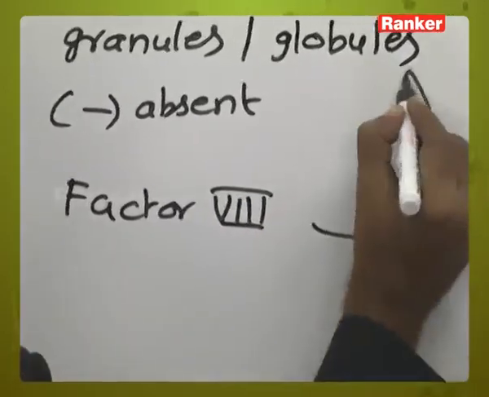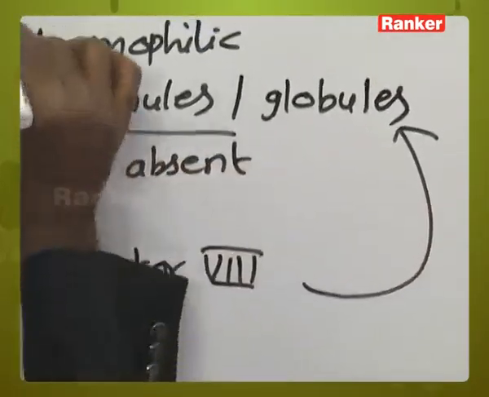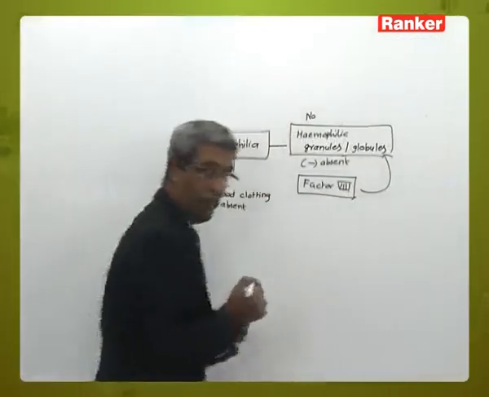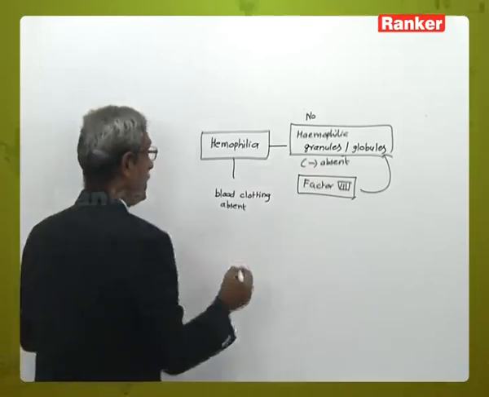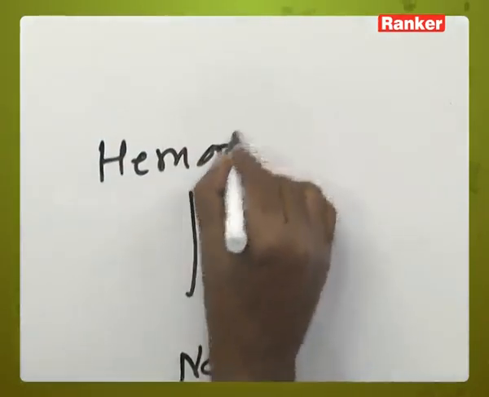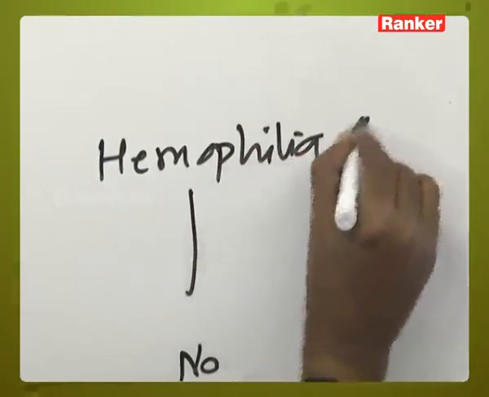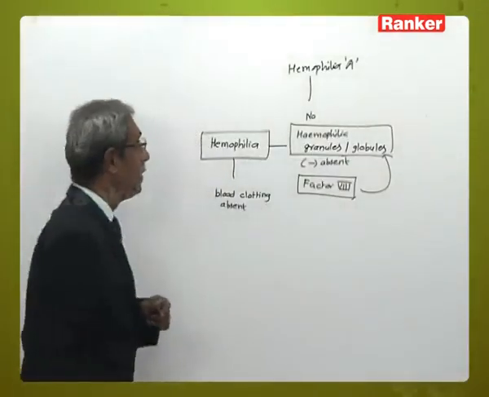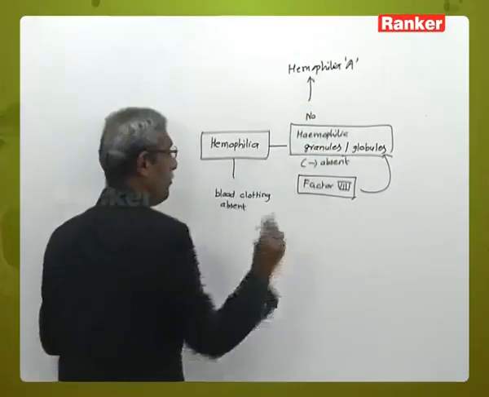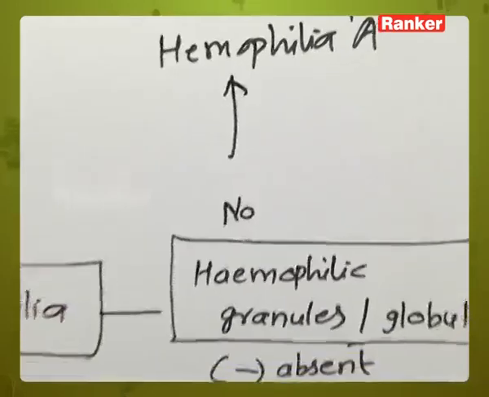So factor 8 refers to hemophilic granules or globules, and the absence of this factor results in a disease termed hemophilia A.